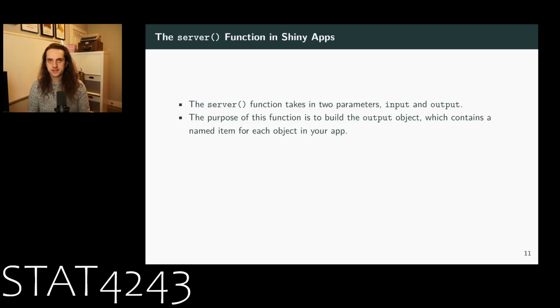The ultimate purpose of the function is to build up the output object, right? So everything that we want to do with this server is to tell Shiny what code needs to be run in order to build the different output objects for us, right? And then what Shiny's ultimately going to do behind the scenes is figure out, okay, so this is how I generate this plot that you want here.